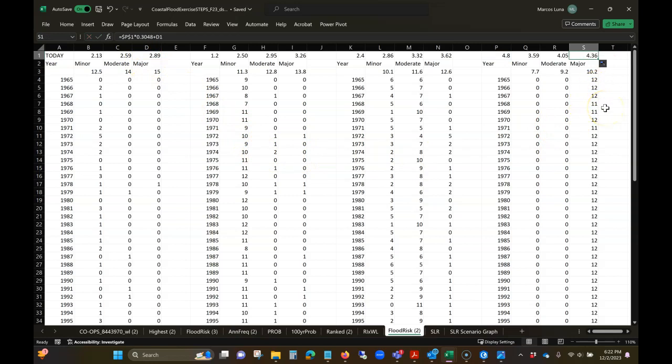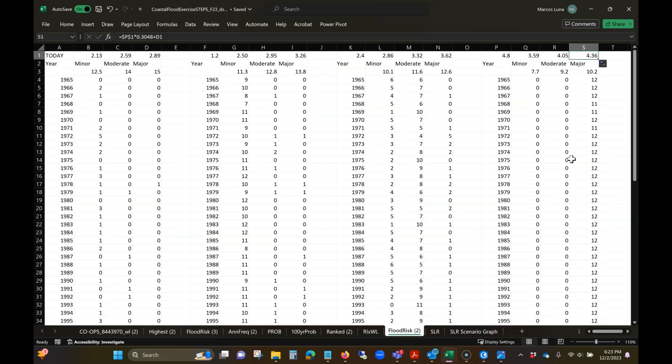Okay, so now what we have here are the new values of the water height that constitutes that level of flooding under the different scenarios: the situation today, 2030, 2050, and 2070. What I'm asking you to do is to do all four scenarios, so you'll have four maps showing what that risk looks like.